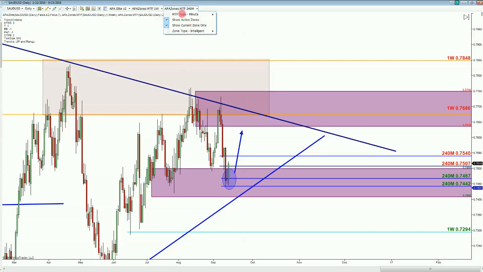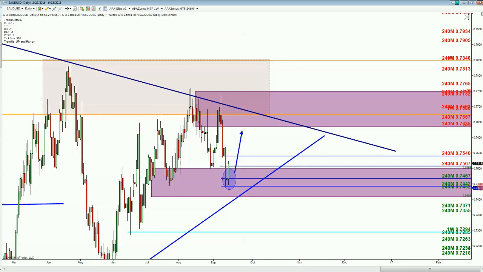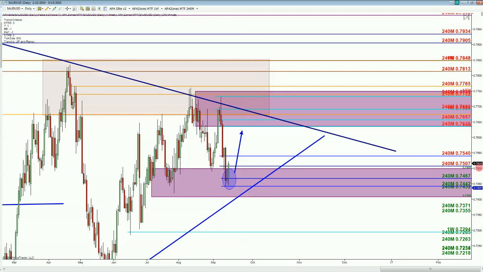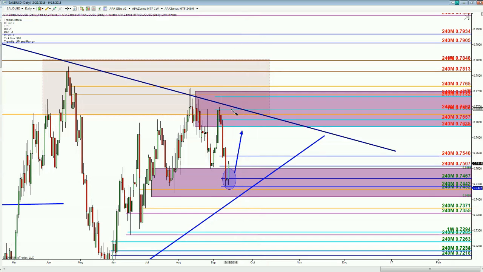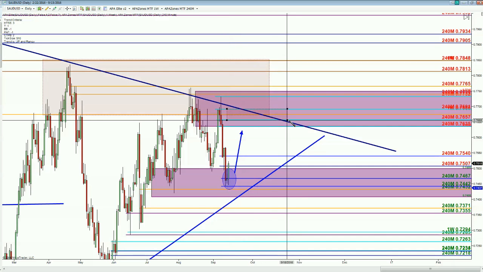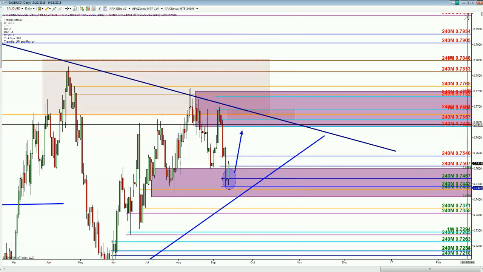If we show all of the 4-hour zones on our chart, you can see a whole lot more, and it's also very apparent the overlap of the levels here inside of this supply level that we have from the 76.50 level up to the 77.50 level.